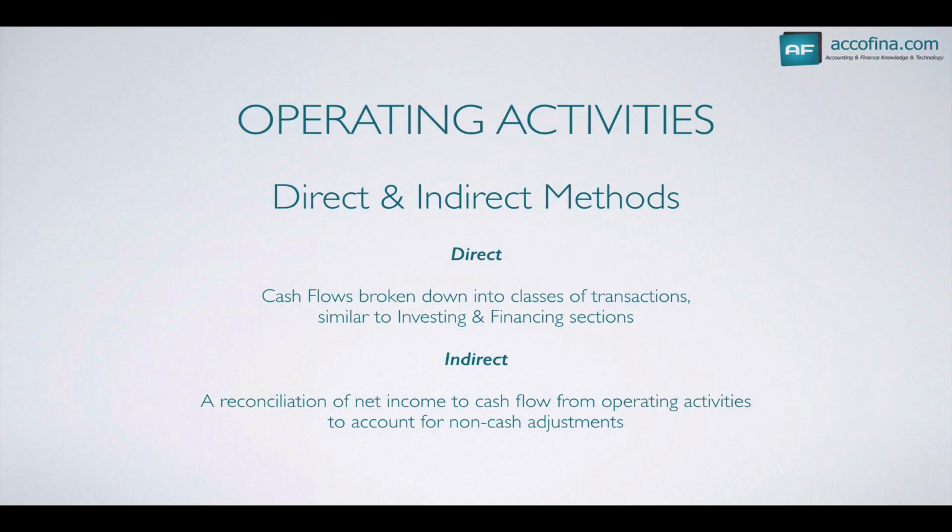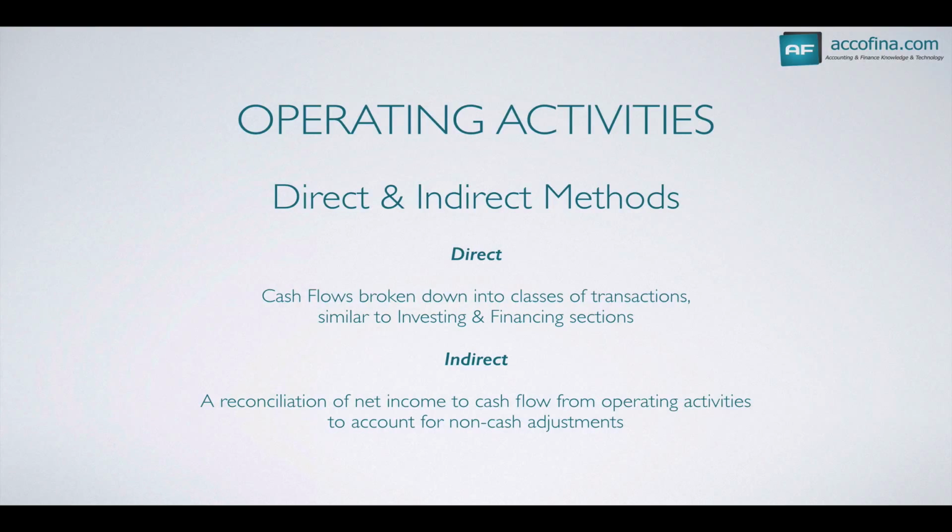And the alternative is the indirect method. And this is a reconciliation of net income to cash flow from operating activities to account for non-cash adjustments. So what this one will look like, the top line will be net income, and then below that will be a number of non-cash adjustments: net income plus depreciation and amortization plus deferred taxes minus working capital adjustments, different non-cash transactions or adjustments.